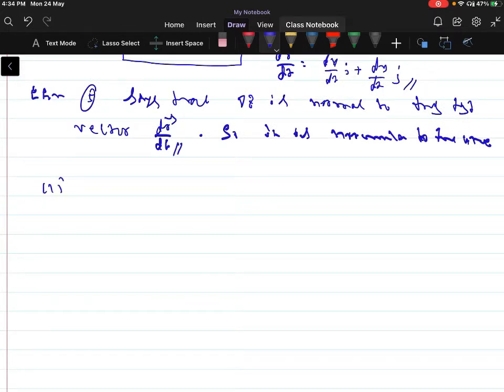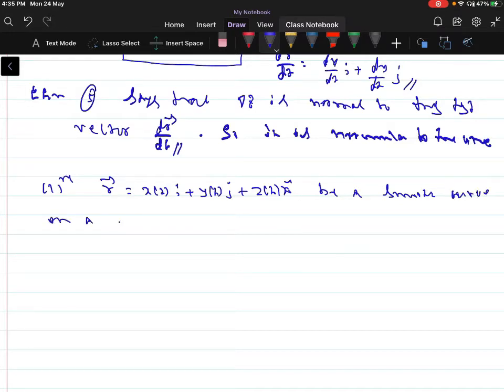Similarly, let position vector r is equal to x of t i cap plus y of t j cap plus z of t into k cap be a smooth curve on a surface f of x comma y comma z is equal to k, where k is an arbitrary constant.